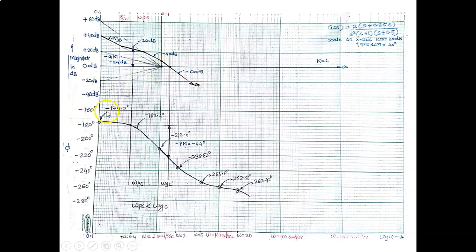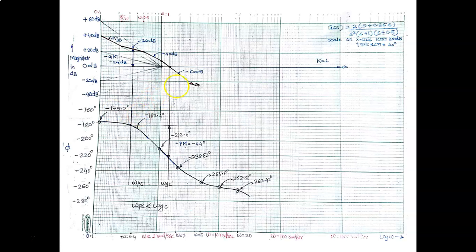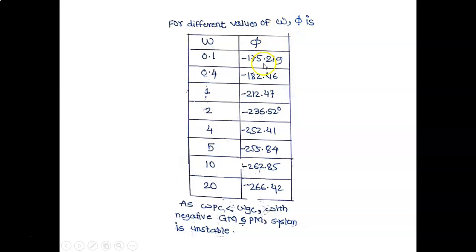Now the angles are starting from minus 175. Therefore minus 160, minus 180, minus 200, minus 220, minus 240, minus 260, minus 280. These different angles are there: minus 175, minus 182, minus 212 up to minus 266.